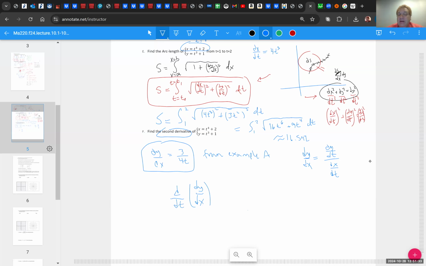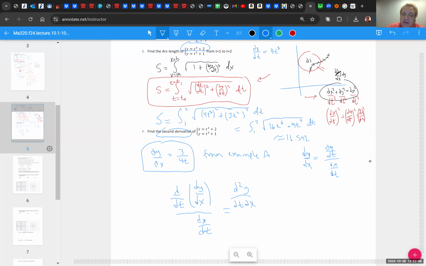The problem is that the variables don't match up. So once again, we're going to have to divide by dx/dt. And let me show you what that looks like. If I take the derivative of dy/dx with respect to t, I get d squared y over dt dx.